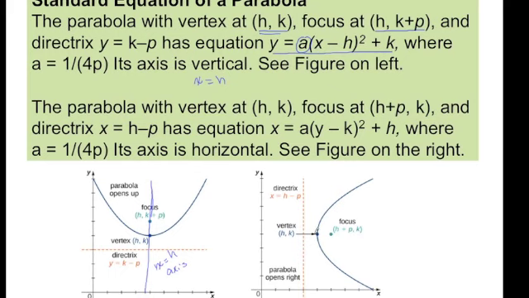So it's still that same distance, but now we have x equals a times y minus k, the quantity squared, plus h. We switch the places of the h and k because it's going sideways. The a is still 1 divided by 4 times p. Its axis is horizontal now, going straight across here, and that would be at y equals k.